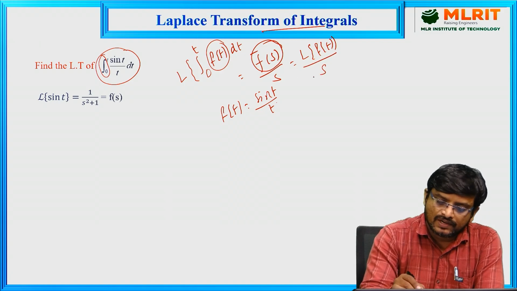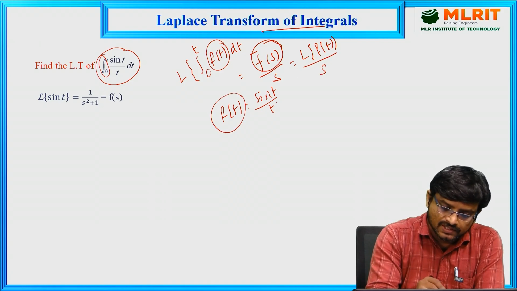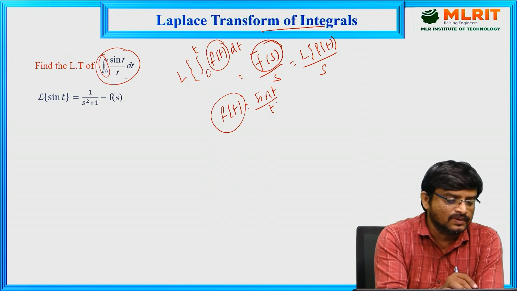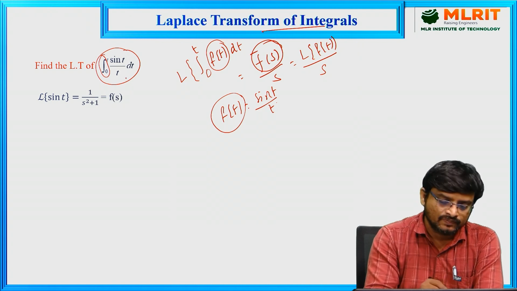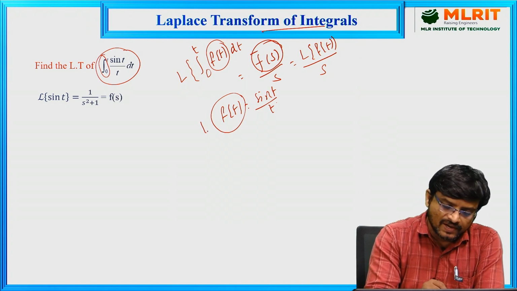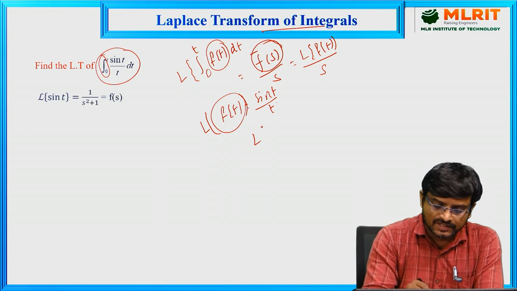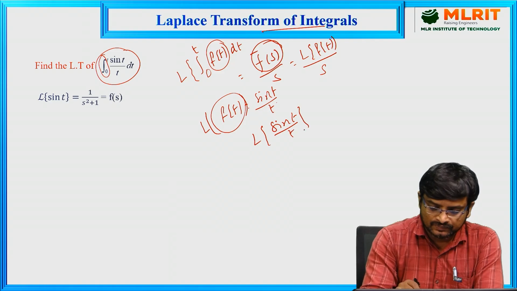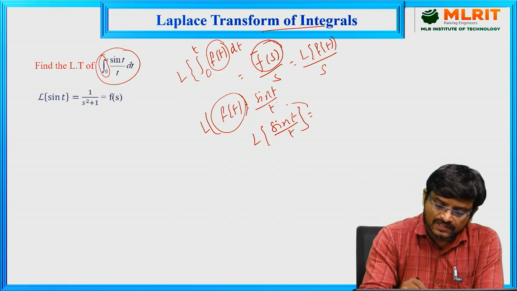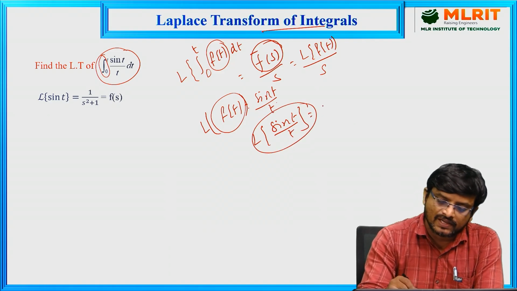divided by s. Now our task, to complete this problem, is just to find the Laplace transform of that f of t, that is, the Laplace transform of sin t by t. Once we complete this, we can complete our problem.